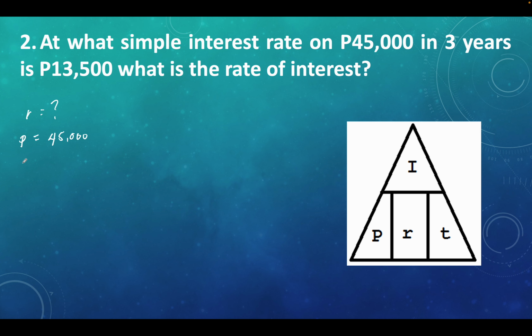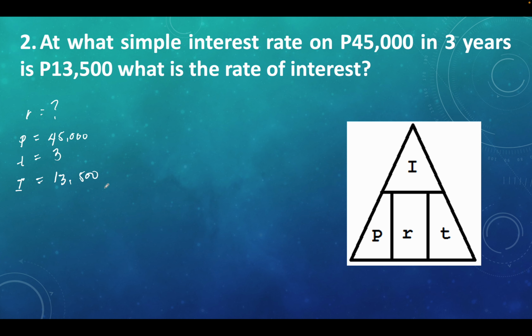Then in 3 years, time will become 3, and then sabi, at what simple interest rate on 45,000 pesos in 3 years is 13,500. So 13,500 will be our interest. Interest now will be 13,500.